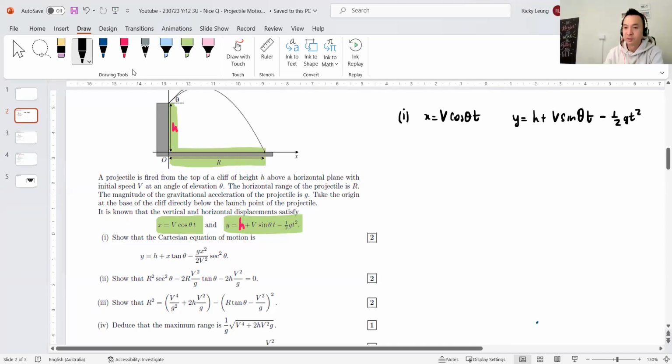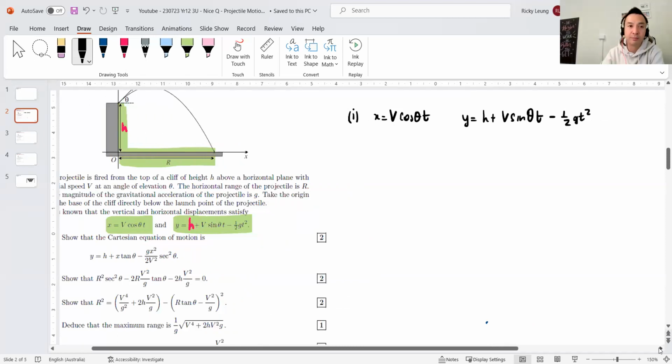To go Cartesian, we basically make the parameter the subject. In this case, make t the subject and then sub it into the other one. So t equals x over v cos theta. Then just plug this into all the values of t.